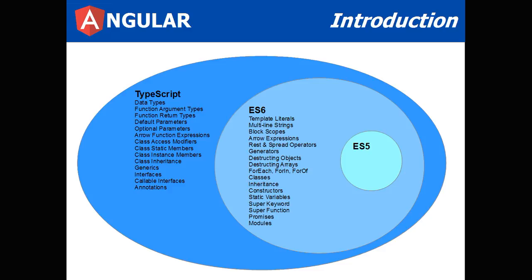Okay, moving over to TypeScript, you say, well, wait a minute, looks like I'm listing the same types of things, but the bottom line is TypeScript gives you strong data types, function argument types, function return types, default parameters, optional parameters, arrow function expressions, with stronger typing, and class access modifiers.